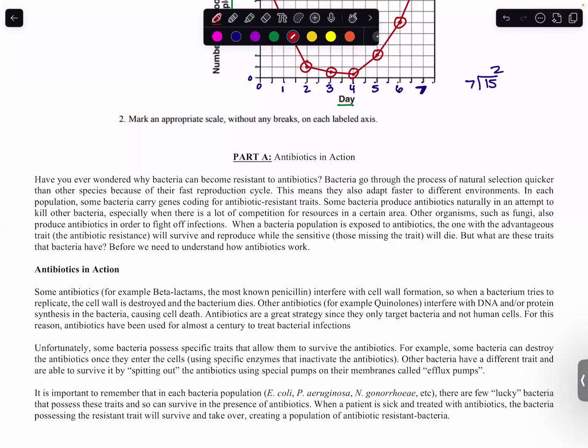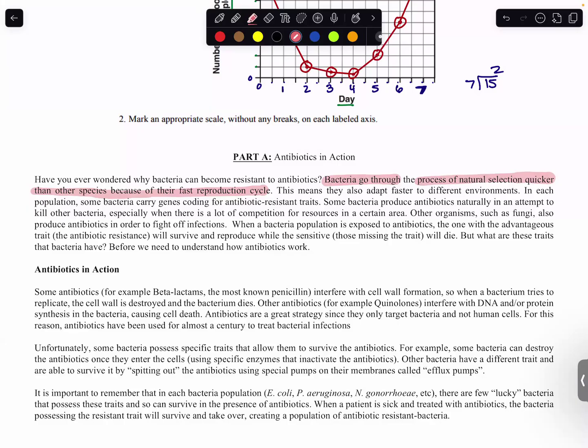All right. So part A, antibiotics in action. Have you ever wondered why bacteria can become resistant to antibiotics? Well, bacteria go through the process of natural selection quicker than other species because of their fast reproduction cycle.